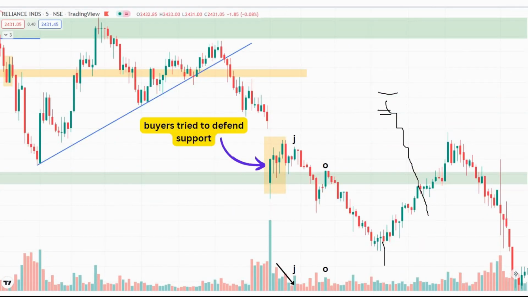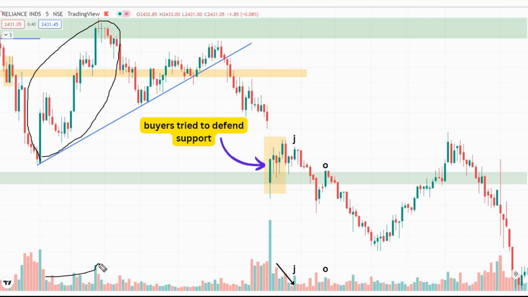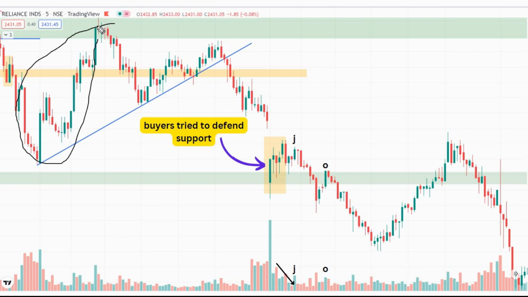Okay, now see, again this was the buying pressure, huge buying momentum with good volumes. What happened? After the strong buying momentum, sellers pushed the prices towards the downside, and now see the buying from here.